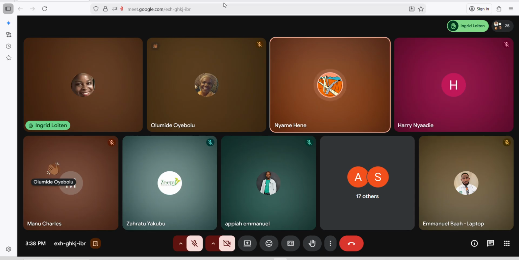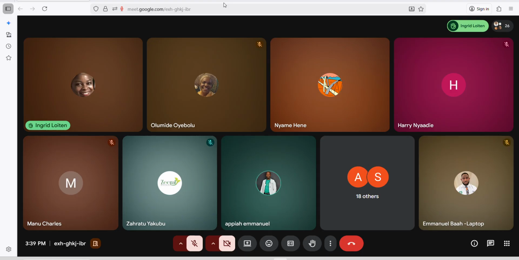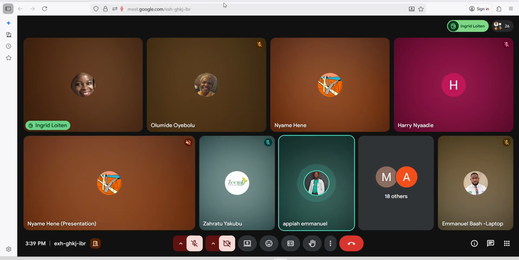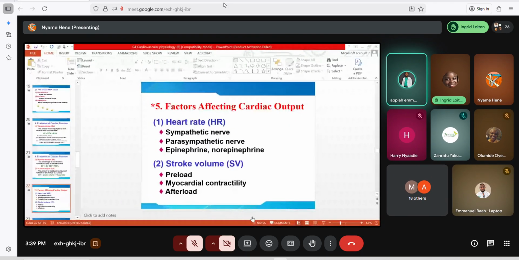Any other, what we learned the last time? Yes, Mr. Pia, let's have you. I also remember that you said the duration per cardiac cycle is about 0.8 seconds, and the heartbeat is about 75 beats per minute.